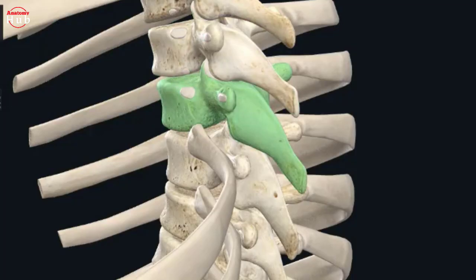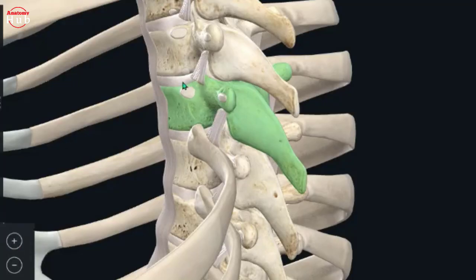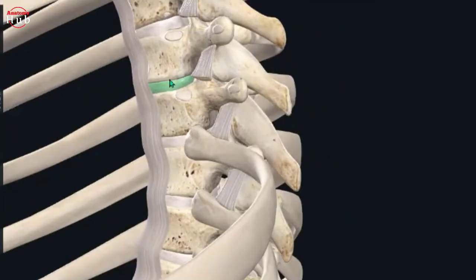If you see the intervertebral disc, you can observe it over here. This intervertebral disc is present between the joints of one vertebral body to another vertebral body.